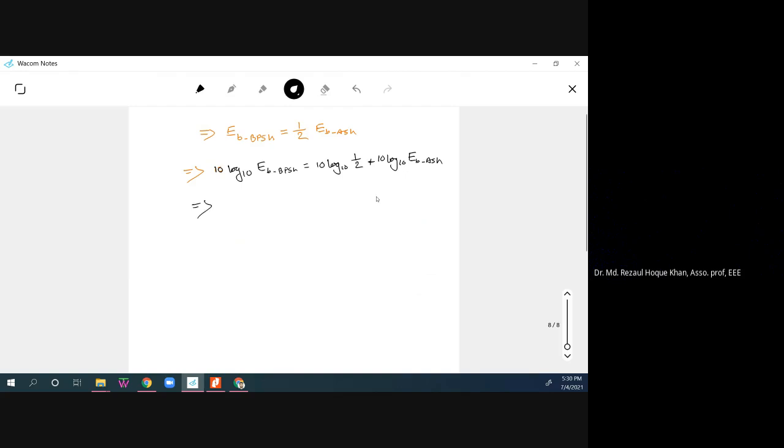So 10 log10 EB of BPSK minus 10 log10 EB of ASK is minus 3 dB. 3 dB is nothing but half power.